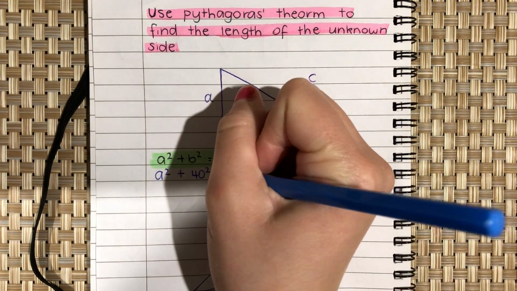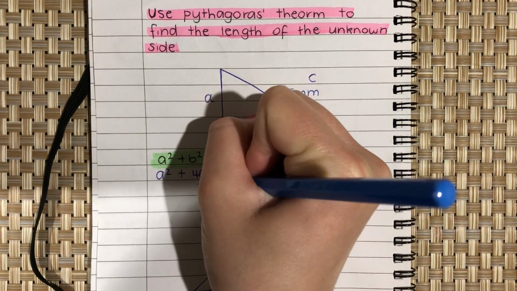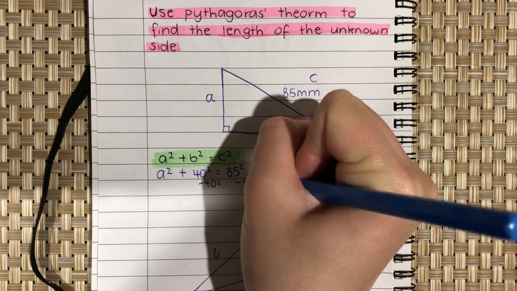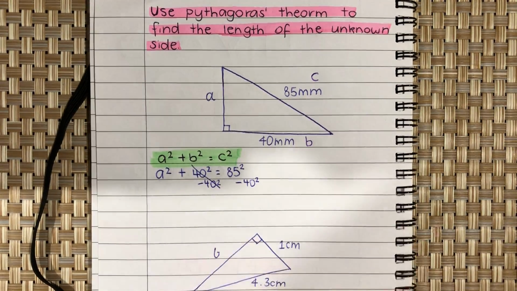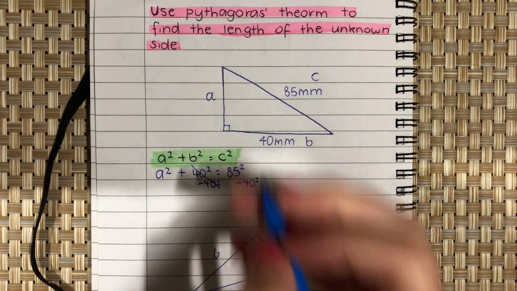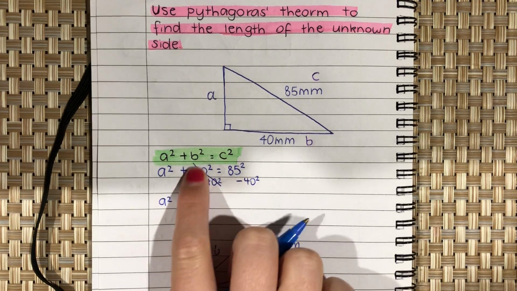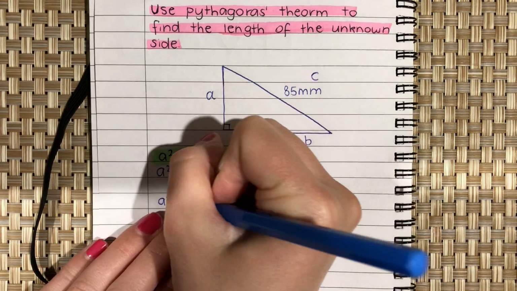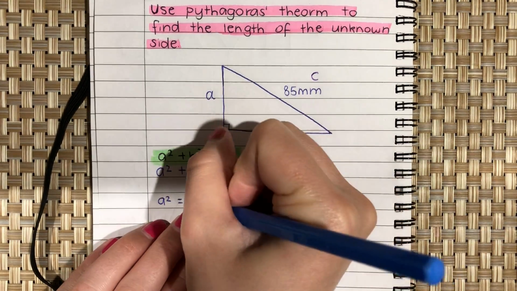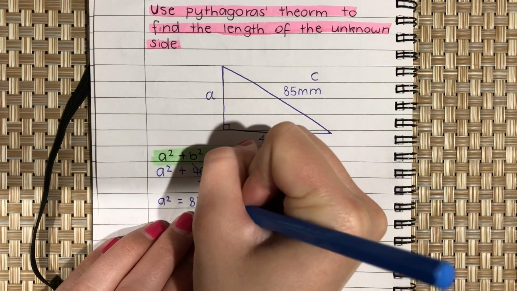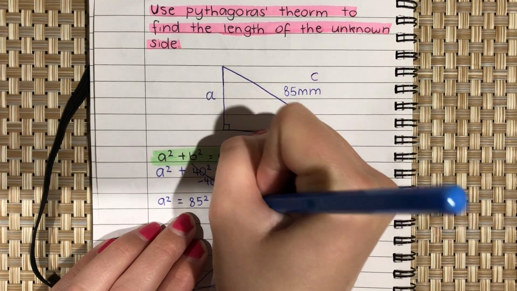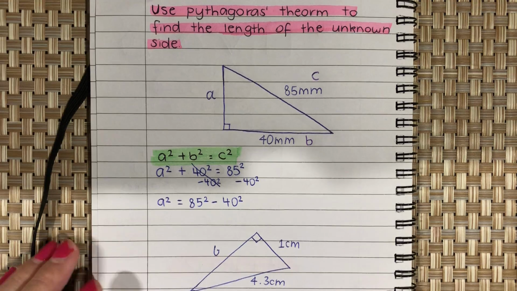Minus 40 squared, minus 40 squared, and these two cancel out. We're left with A squared, nothing there anymore, equals 85 squared minus 40 squared.